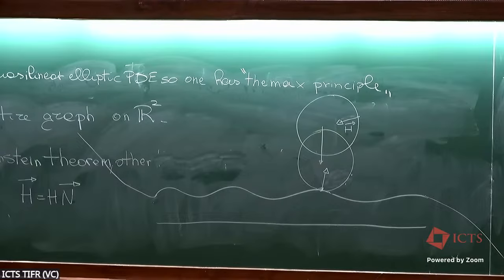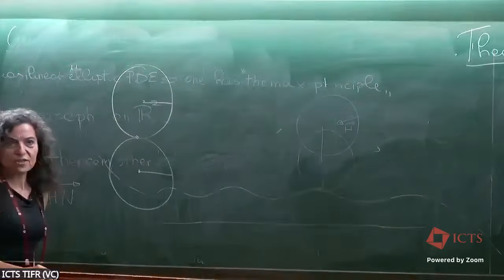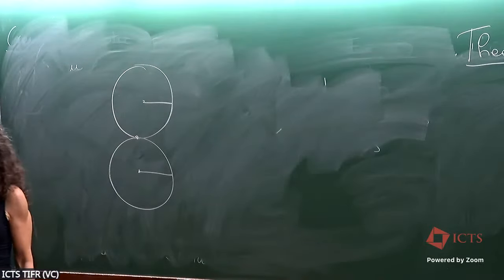Let me just say something else. For example, if you take two spheres of the same mean curvature, it's very elementary, but one has to think about that. Same radius, same mean curvature, tangent at a point. Why is this not a contradiction?